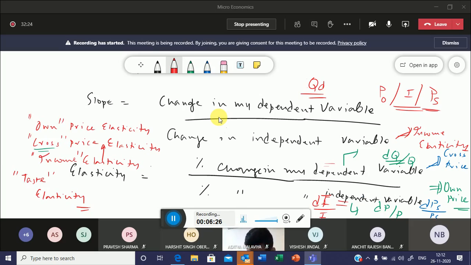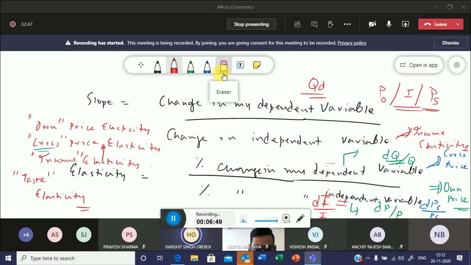Now, as you can very well understand, if I'm talking about own price, will the elasticity be negative or positive? Let me repeat the question. If I'm talking about the own price, will the elasticity be negative or positive?